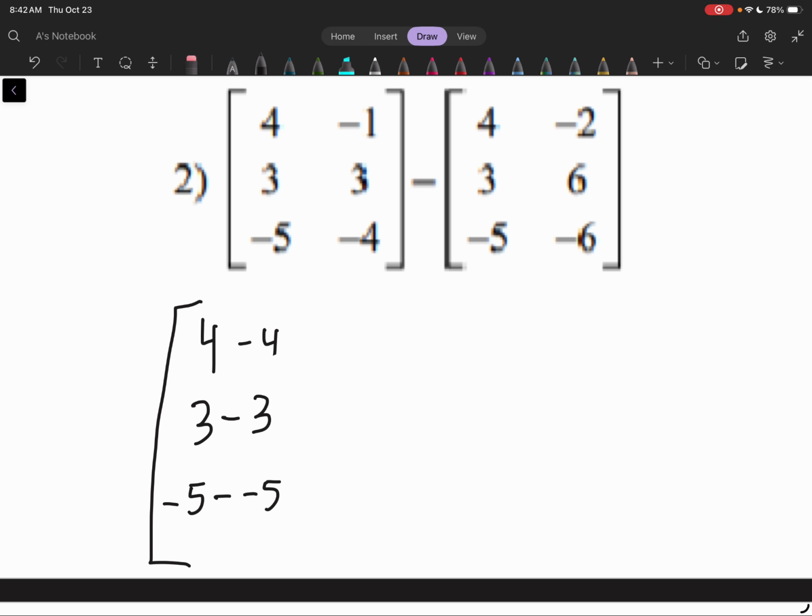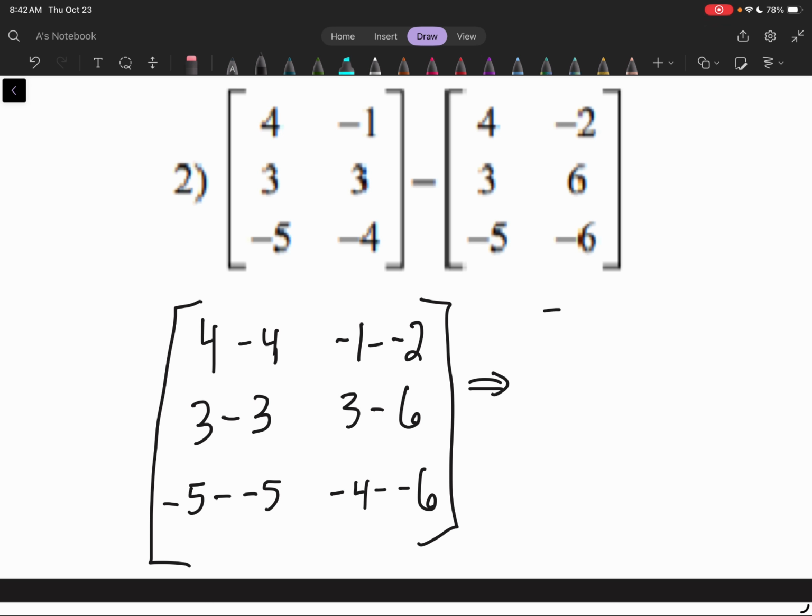Negative 1 minus negative 2. 3 minus 6. And negative 4 minus negative 6. When I do this, I'm going to get 0, 0, 0, 1, negative 3, positive 2.